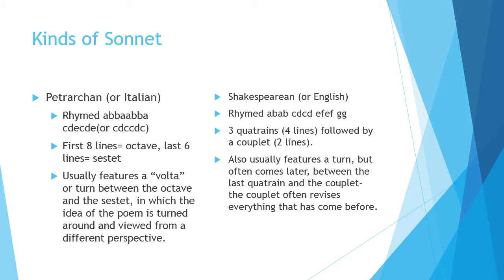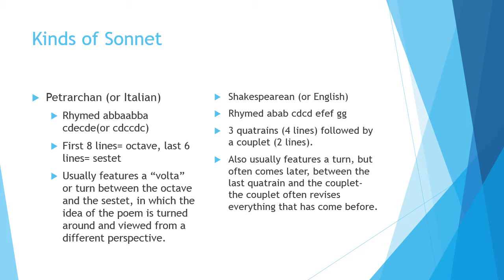Notice how few different rhymes are required in this poem, and the logic behind that is that in the Italian language, it's much easier to find rhyming words. A lot of the words, for example, end in vowels, so it's a lot easier to come up with that rhyme scheme than it is in English. Not impossible, of course, but that's one of the reasons why Shakespeare improvises and changes the format of the sonnet a little bit.